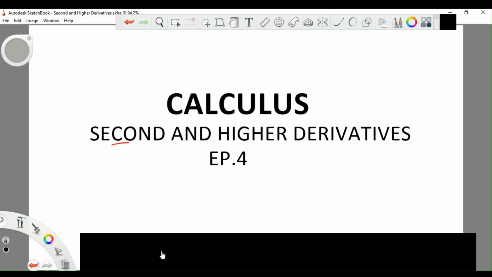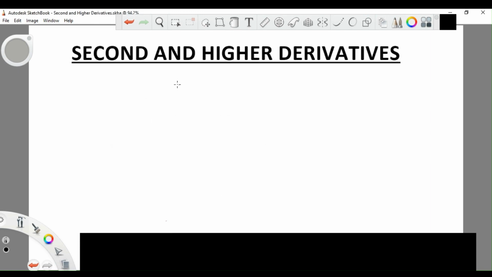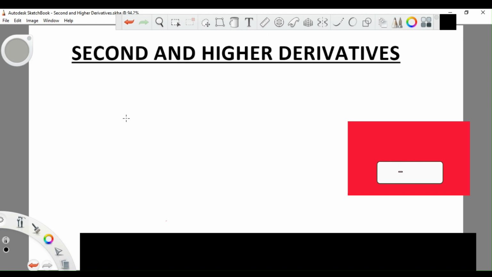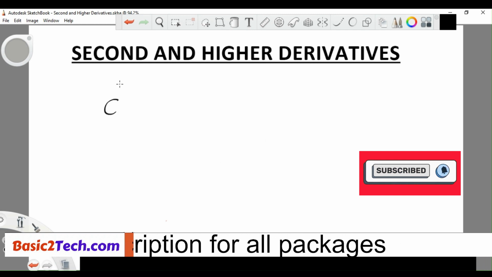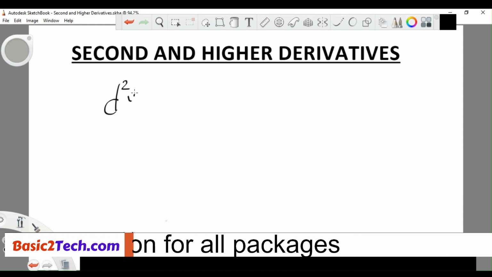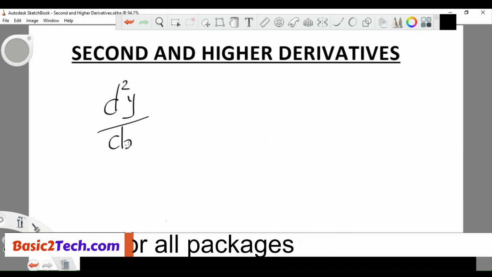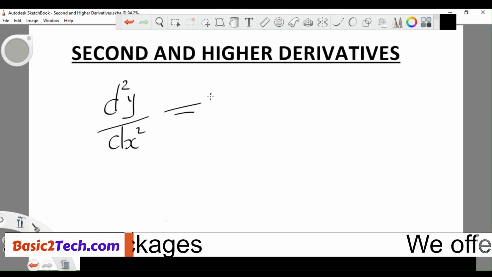So, when we say second and higher derivative, second derivative is when we are differentiating a polynomial more than once. For example, we represent the derivative in this form: d squared y over dx squared. This means that we are differentiating twice.